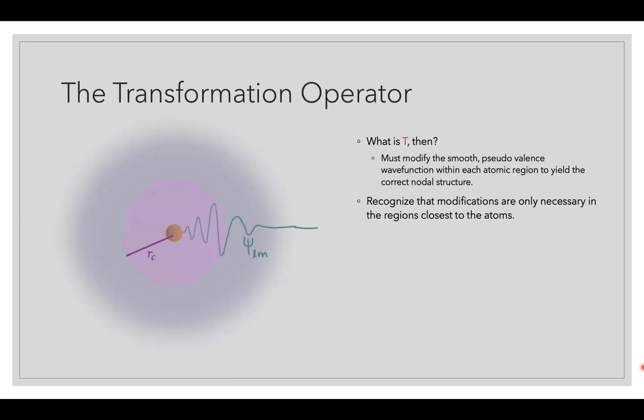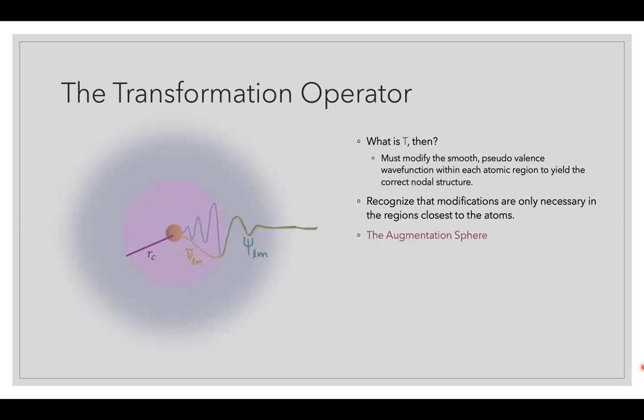Inside that radius, we can say that there's a pseudo representation of that wave function that smooths it out. It gets rid of all of those nodes. But outside of that radius, the all-electron wave function and the pseudo wave function are equivalent.